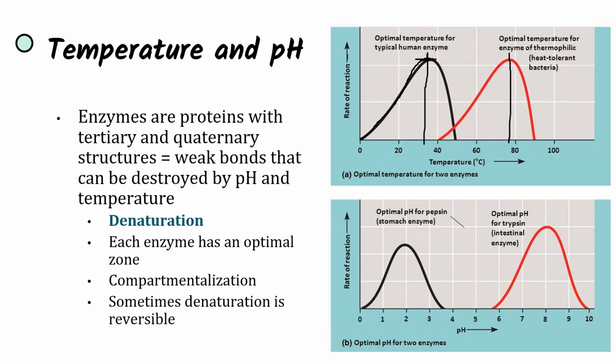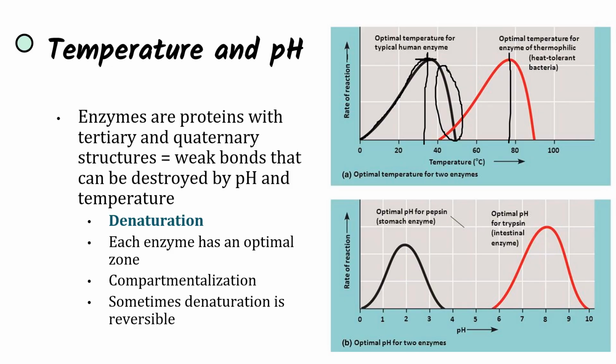So as you increase temperature, even though you haven't quite reached the optimal range yet, there's still going to be a steady increase in the rate of reaction because more substrates are hitting active sites. However, once you go past this optimal range, there's a pretty quick drop in production because the enzyme will denature from too high of a temperature.